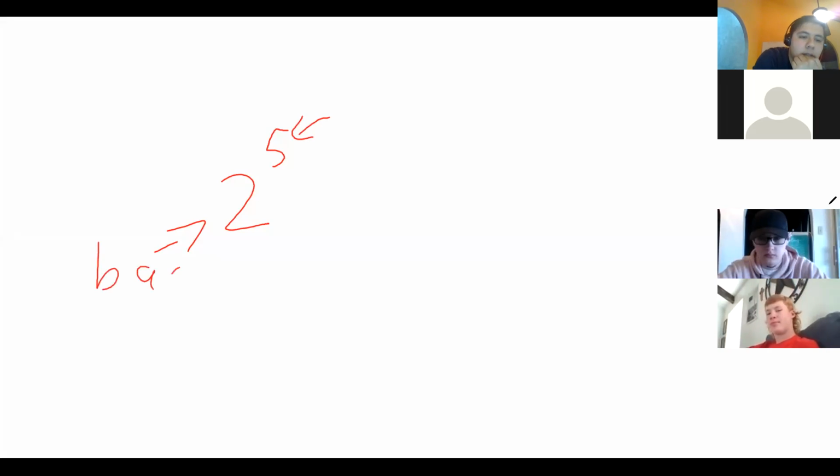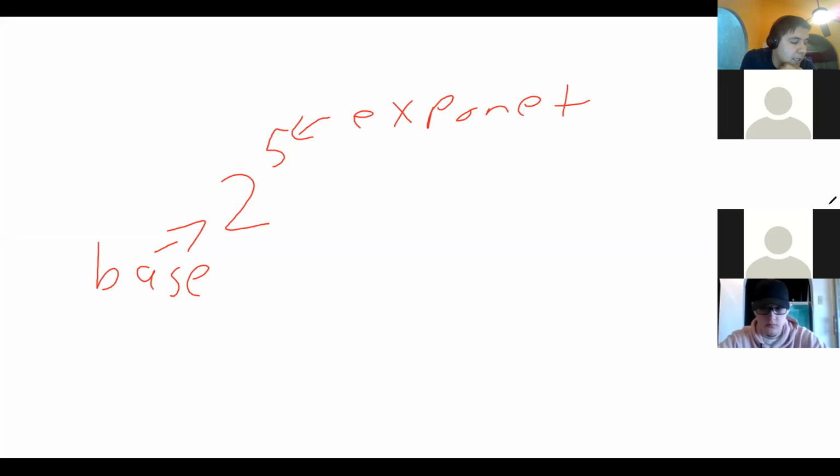The base is the bigger number, which tells us that it's 2, and the exponent tells us how many times we are going to multiply it by itself. So that's 2 times 2 times 2 times 2 times 2. So that's 2 multiplied 5 times, okay?